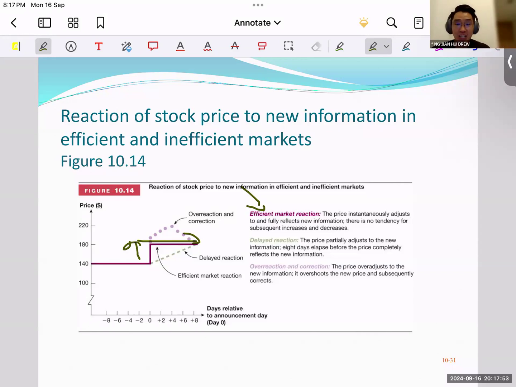In real life, generally the stock price either goes up slowly, or sometimes it goes up and then drops down because it overreacts. It goes up too much and then goes back down to the correct number. Because of this, in real life, the stock market is generally inefficient. So either it goes up slowly, or it goes up and comes down because there's some overreaction happening.